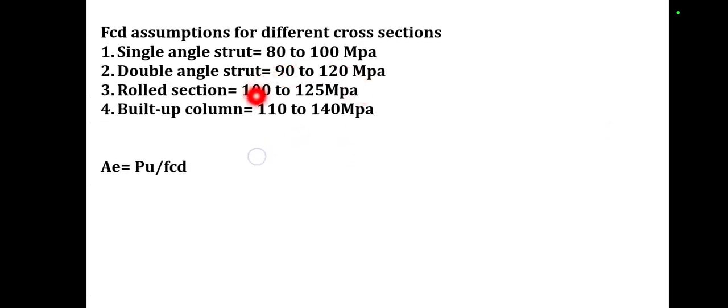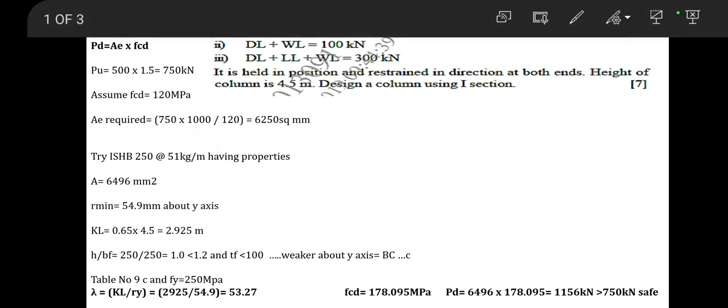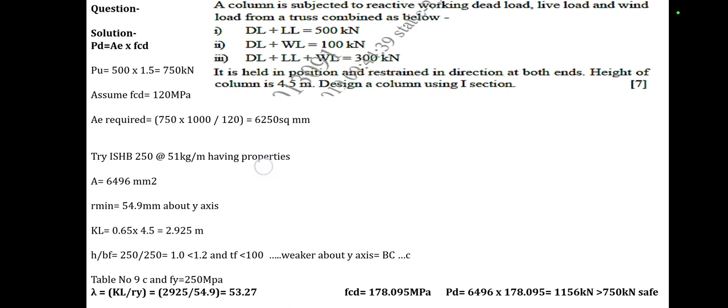FCD for rolled steel section, as it is an I section, we are assuming between 100 to 125 MPa. As it is our column section, that is I section, we are assuming it as 120 MPa, that is Newton per mm square. As this value is in Newton per mm square, we have to multiply this PU by 1000, that is we are converting the ultimate load into Newton, and hence we are getting the area in mm square.